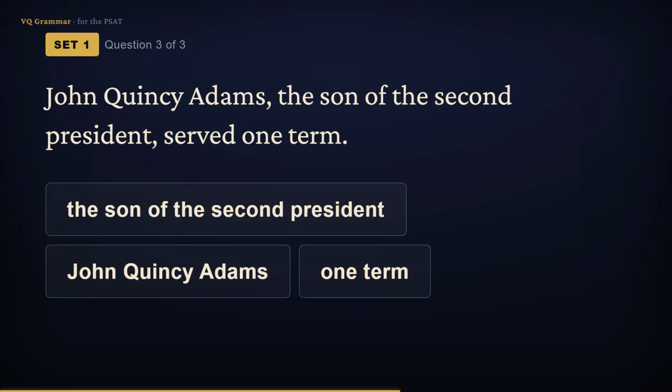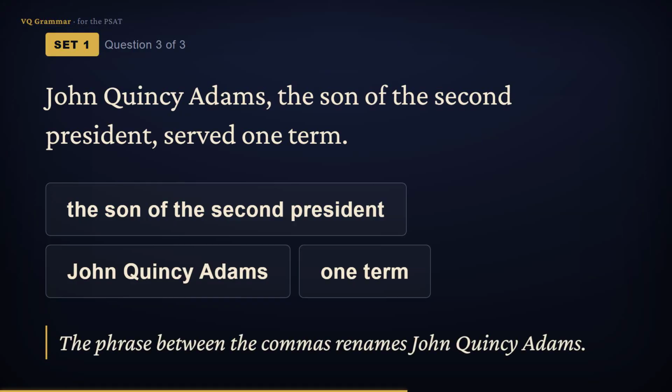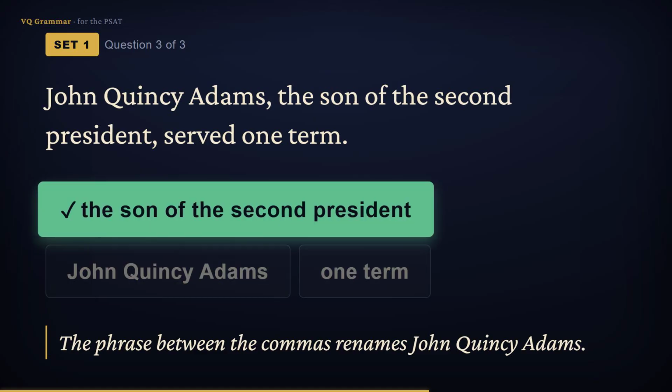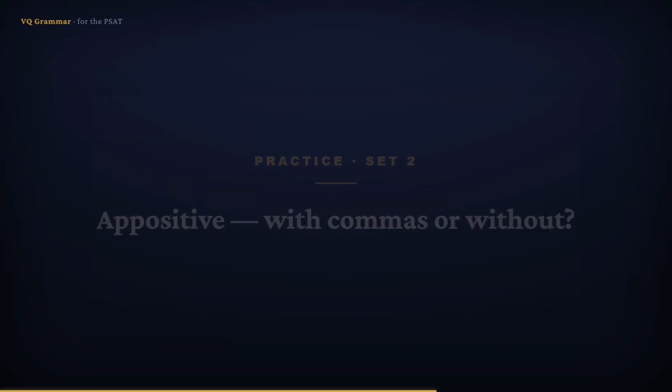John Quincy Adams, the son of the second president, served one term. The part tucked between the two commas, the son of the second president, renames John Quincy Adams and adds information about him. You could lift it right out. So the answer is the son of the second president.